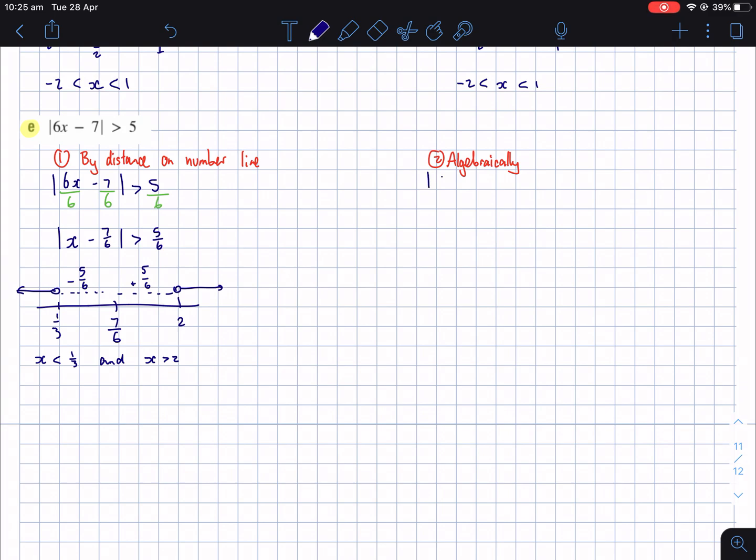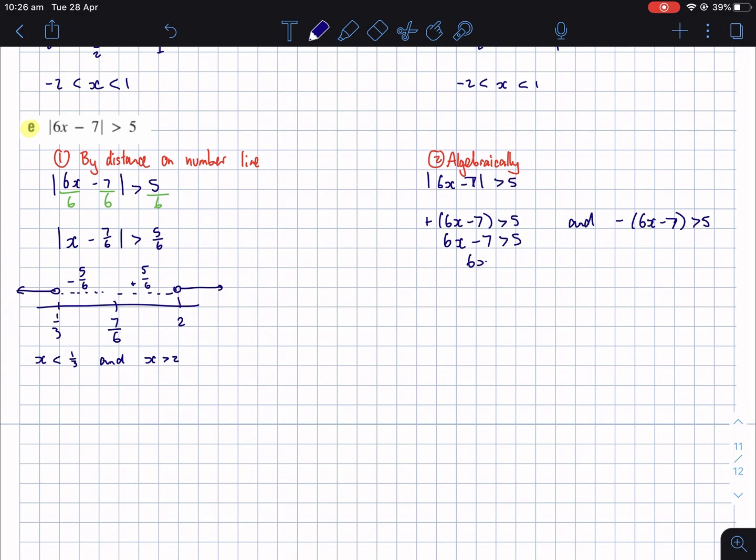So we've got the absolute value of 6x take 7 is greater than 5. So that means we've got positive 6x take 7 is greater than 5 and negative 6x take 7 is greater than 5. So here we've got 6x take 7 is greater than 5.